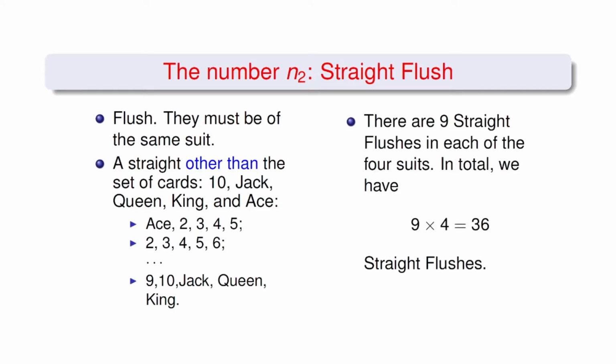As you can see, in each suit there are 9 straight flushes. So in total, we have 9 by 4, which is 36 straight flushes. Therefore, N2 is just 36.